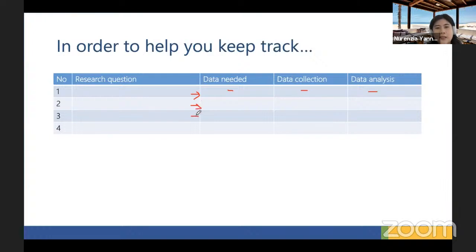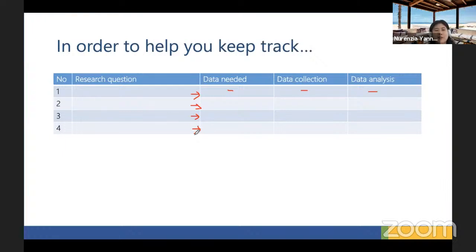Nanti kalau kalian mengerjakan tesis, mungkin membutuhkan yang seperti ini, karena akan punya beberapa research questions ya dalam tesis kalian. Nah, pembimbing dan penguji biasanya juga akan bertanya, research questions yang ini jawabannya apa dong? Kalau yang ini apa jawabannya? Gitu.